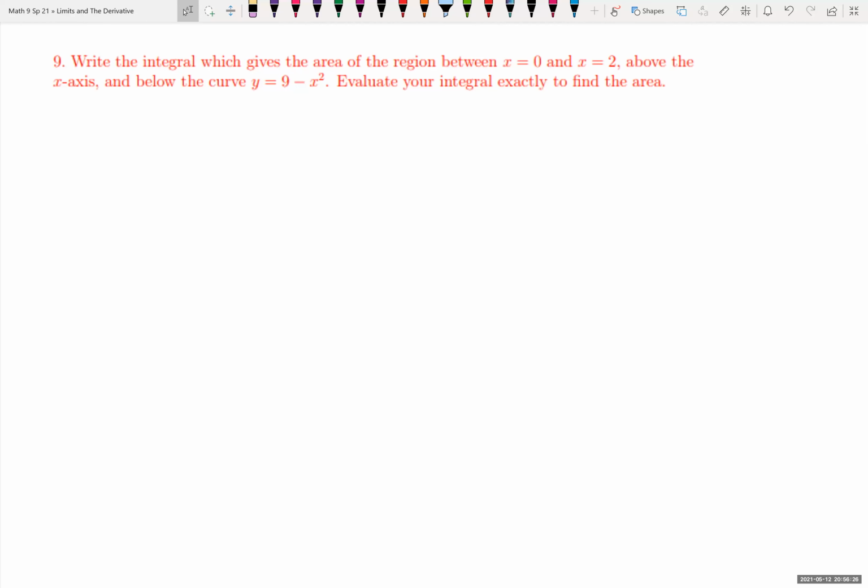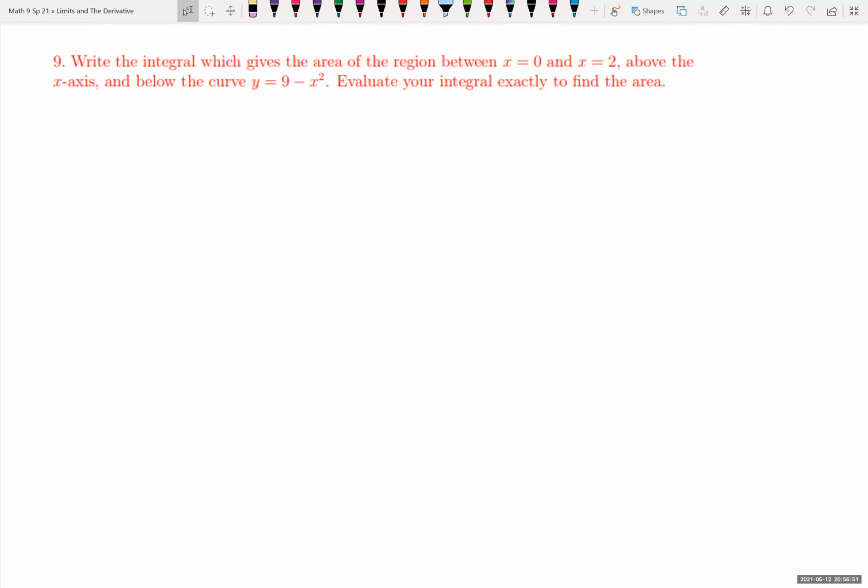Okay, so we moved away from the Jeopardy game, and now we're looking at: write the integral which gives the area of the region between 0 and 2, above the x-axis and below the curve y equals 9 minus x squared. Evaluate your integral exactly to find the area. So this one shouldn't be too bad.